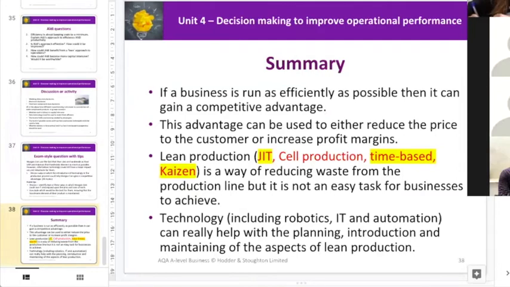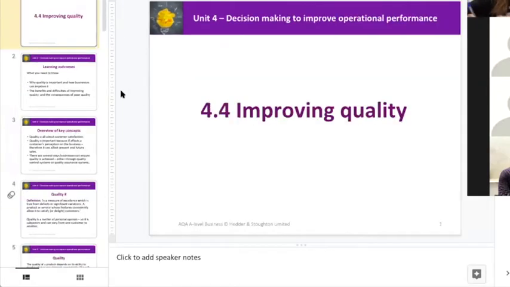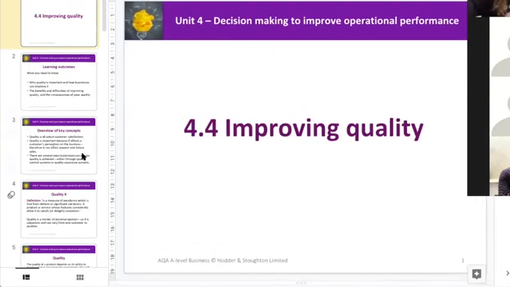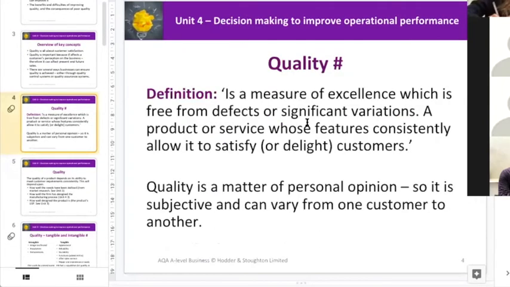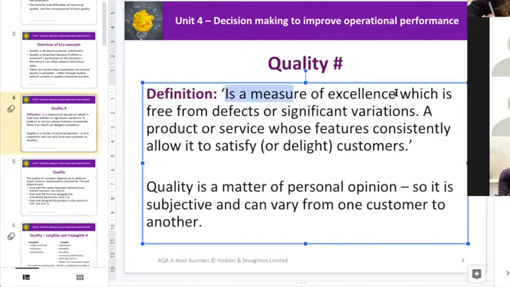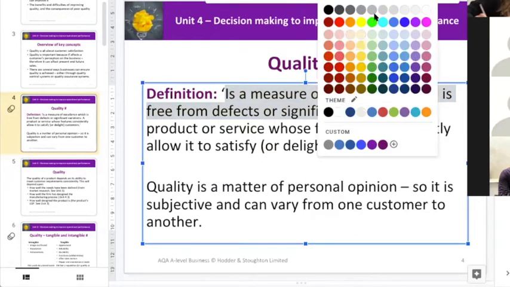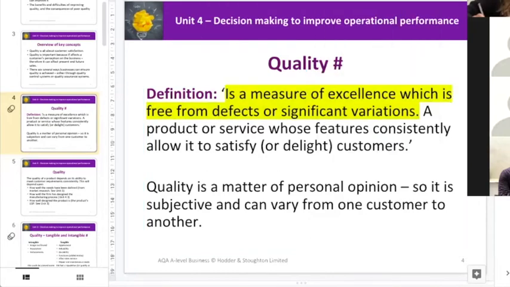Okay, quality. Going to go straight into quality. First, definition of quality. Is a measure of excellence which is free from defect or significant variance.